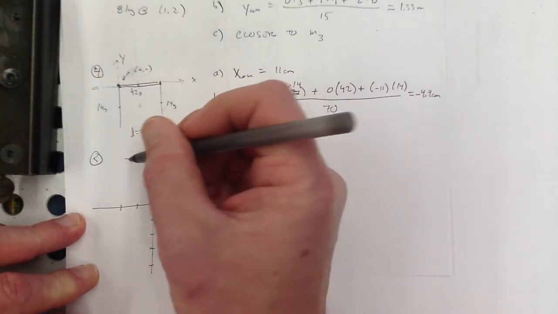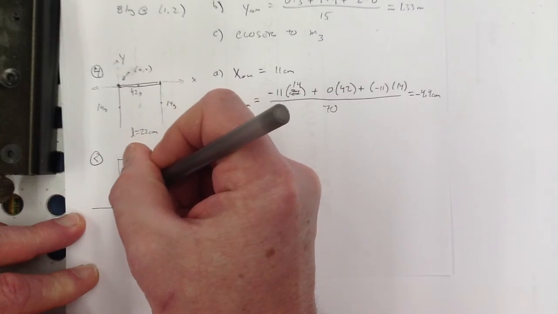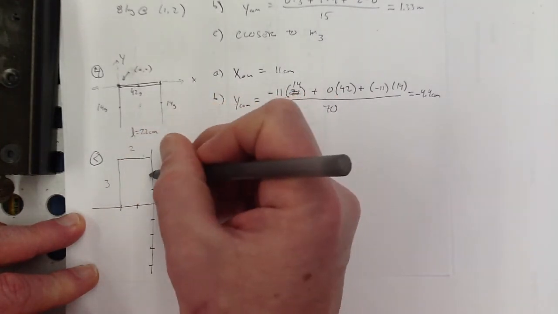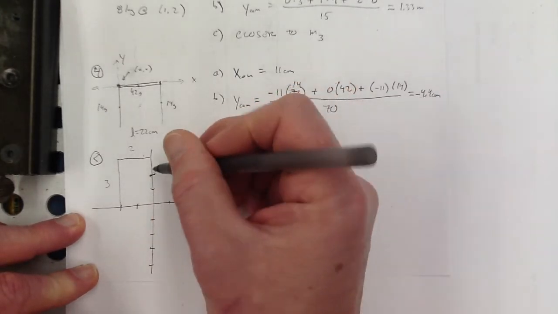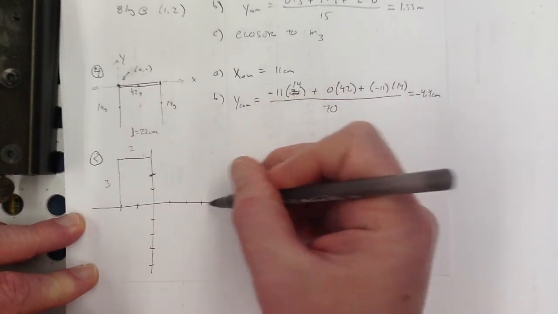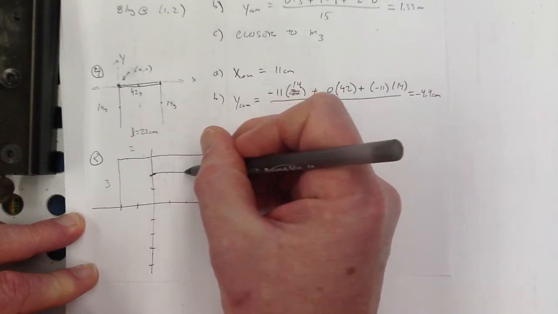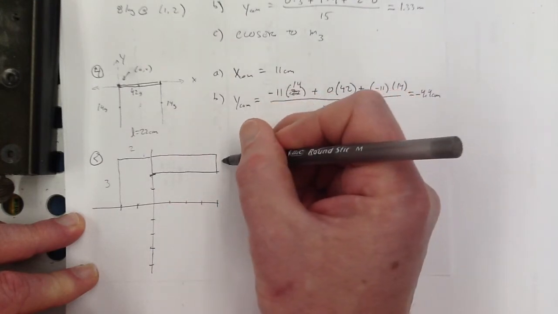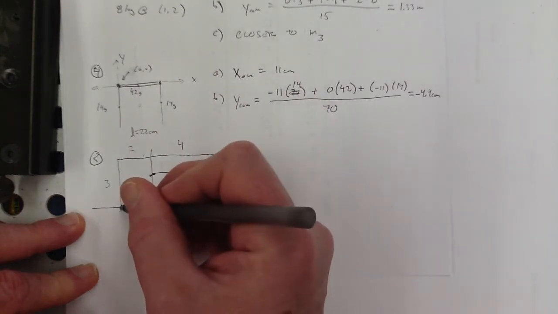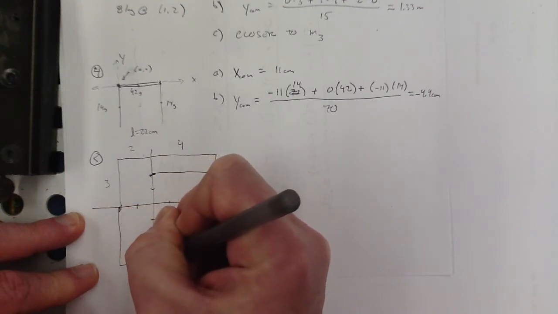So this piece over here is 2 by 3, as you can see there. And then there's this skinny piece up here, which is 1 by 4. And then there's this 4 by 2.